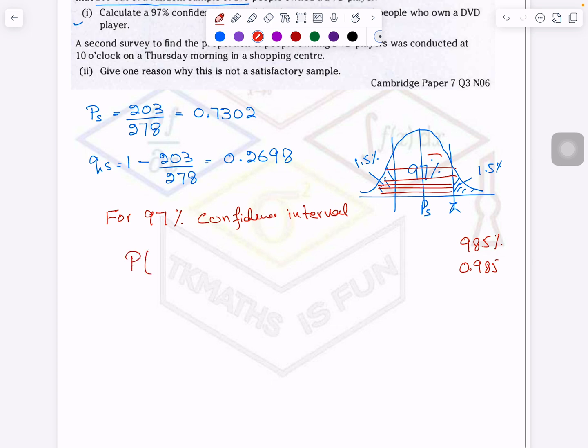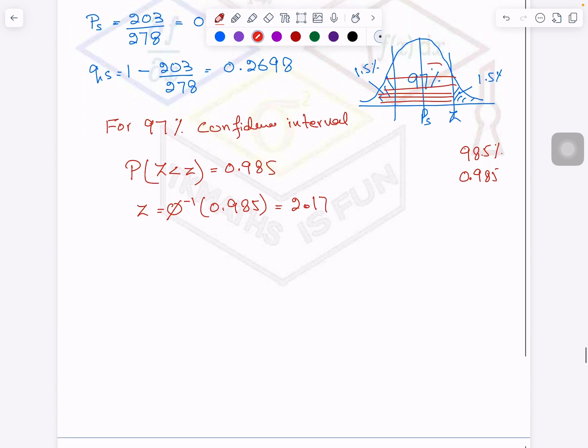You can say that P(Z less than z) equals 0.985. So what is the z value I'm getting? 2.17.